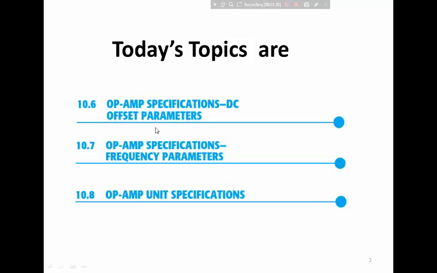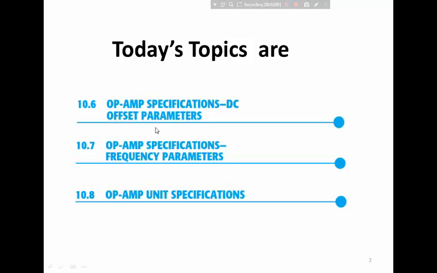Only the idealized characteristics of the op-amp are considered. But from now onward, we are taking the real practical op-amp and its parameters into account, and seeing how these parameters affect the output of the op-amp, as well as the limitations of the use of the op-amp in different applications.